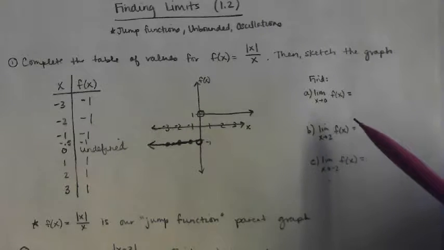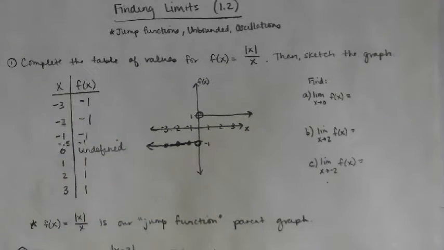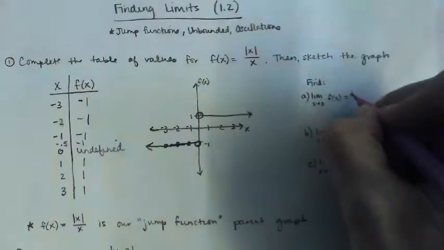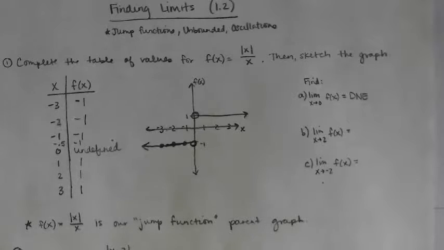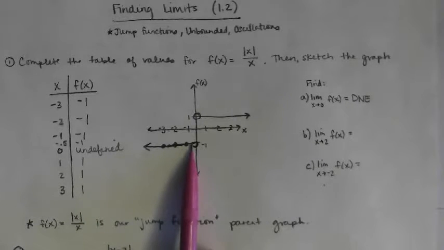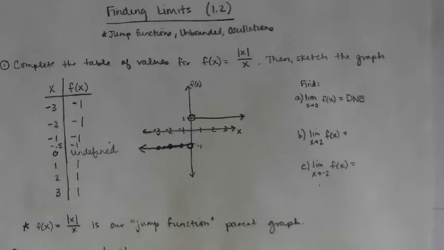In looking at the limit information, what is our limit as x approaches 0? Does not exist. What is it if we're approaching 0 from the right? 1. What if we're approaching 0 from the left? -1, right? So it does have the one-sided limits, but not the overall limit because those disagree.